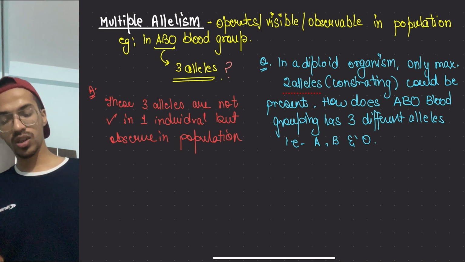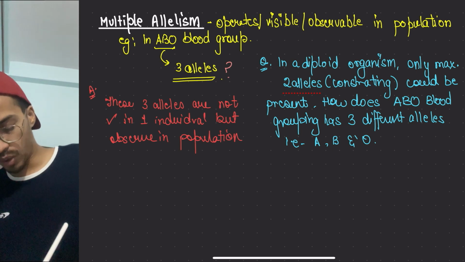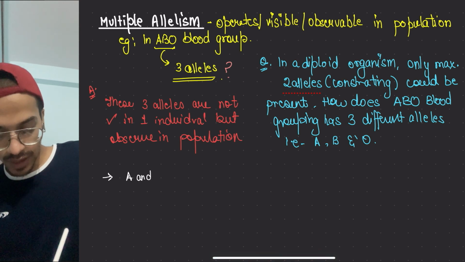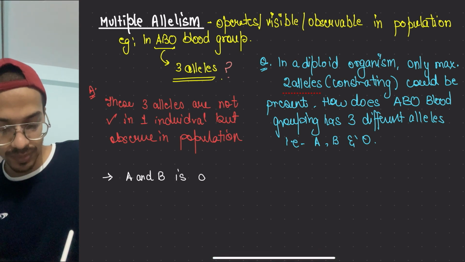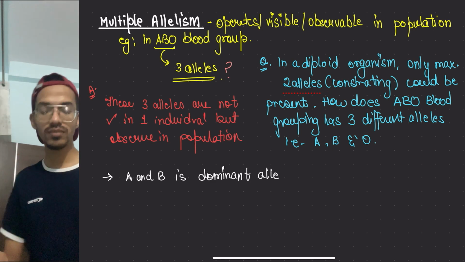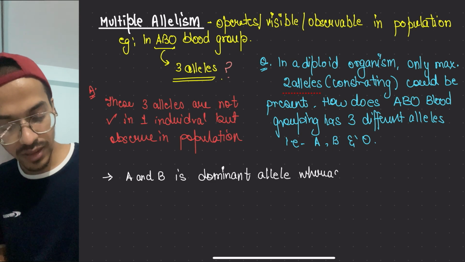Now over here, you have to remember the next facts about it. A and B are dominant alleles, meaning they will show their effects, whereas O is a recessive allele.